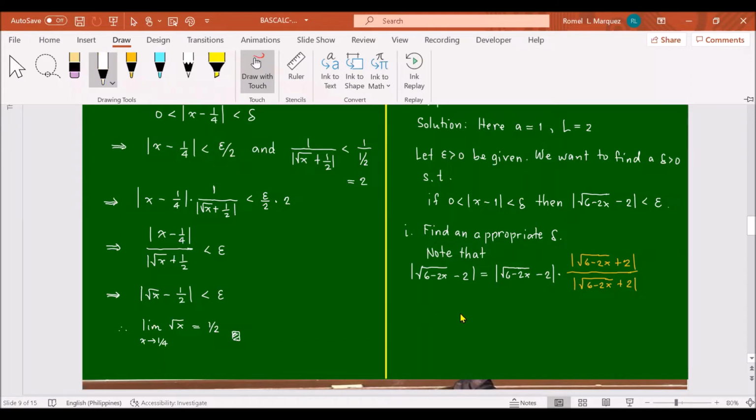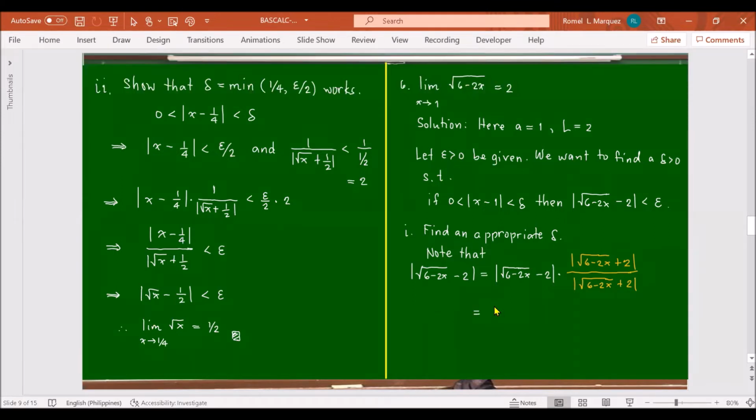And this is equal to, so the product of this and the numerator here is absolute value of 6 minus 2x, then minus 4, all over, because abs times abs, so we multiply the expressions inside, and that is 6 minus 2x minus 4 abs of this, and that is over square root of 6 minus 2x plus 2 abs of this.